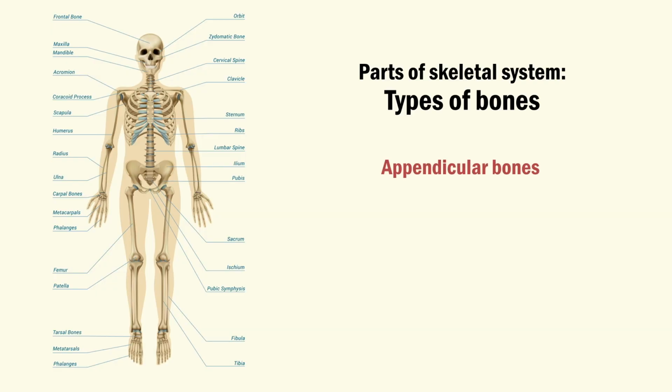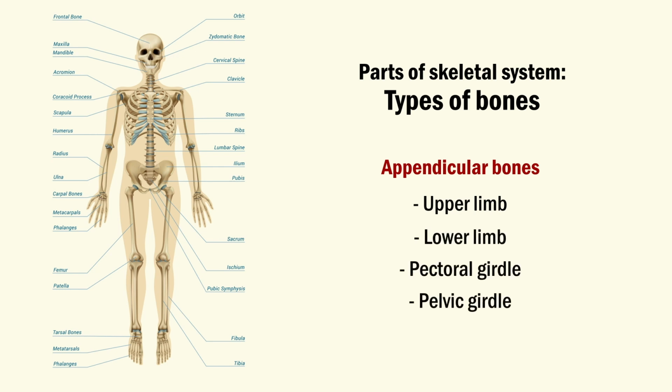The next type of bones are appendicular bones. These bones consist of the upper and lower limb, pelvic and pectoral girdle. The upper limb includes bones of the arms, which include the humerus, ulna and radius.